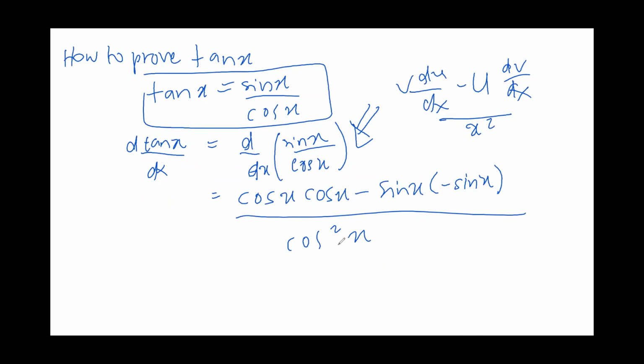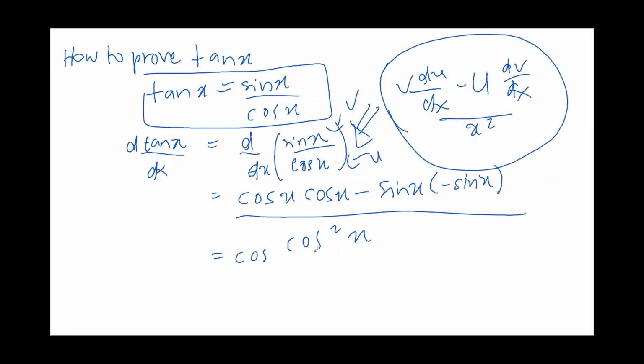Okay, how do I end up to this? Masuklah. Give this v, this u, and then you put it in this formula and then you end up with this. Alright. So now you will get cos squared x plus sin squared x divided by cos squared x. Alright. And then this is apa? Kalau sudah ingat, also trigonometric formula is equals to 1.